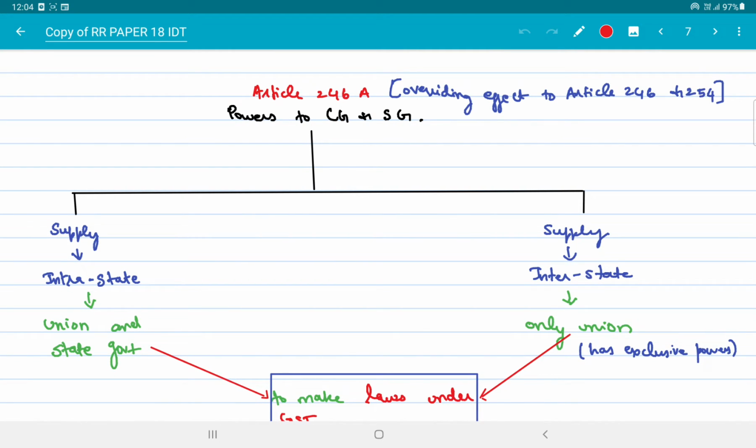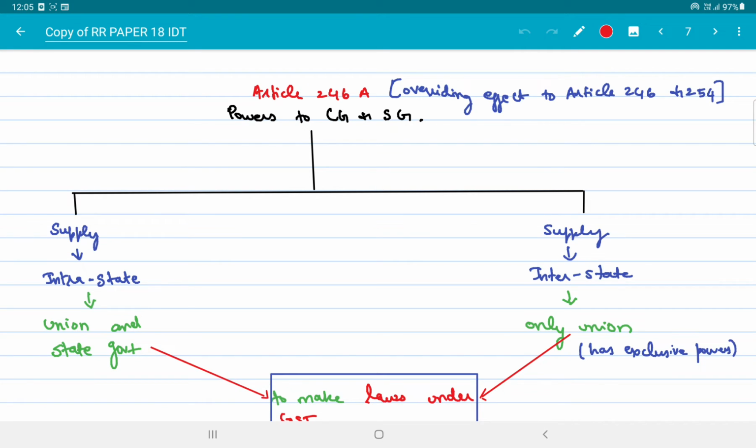See, as I was telling you, the central government and state government had some ups and downs between them, where there were some cases where the central government was exclusively having powers to levy taxes. Same way, the state government had exclusive powers to levy taxes in some scenarios.